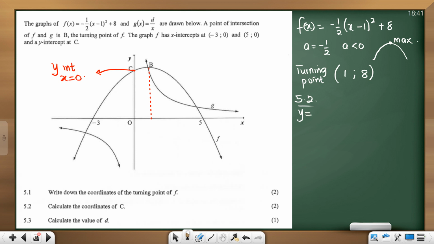Y would be equal to negative half. Examiner says coordinate, so please write it as a coordinate. What is C? X is 0.